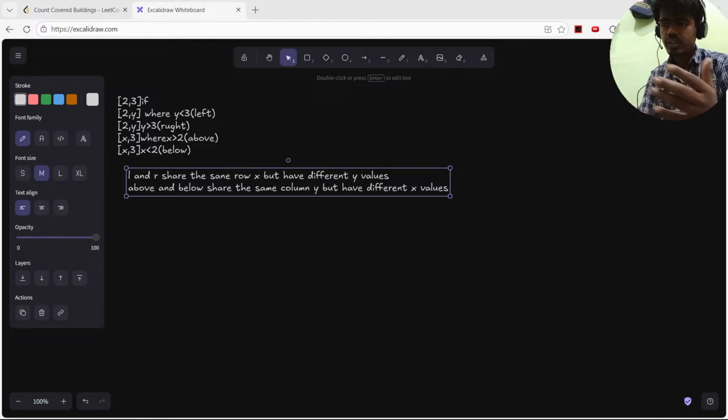First, we group buildings by coordinates, creating hash tables. Second, we sort the coordinate lists. Third, we check each building for coverage.